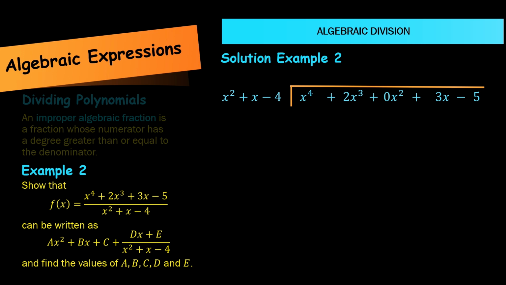Now x to the 4 divided by x squared is x squared. So position x to the power 2 here. If we multiply x squared by the divisor, we obtain x to the 4 minus x cubed minus 4x squared, and we position that as shown on your screen.